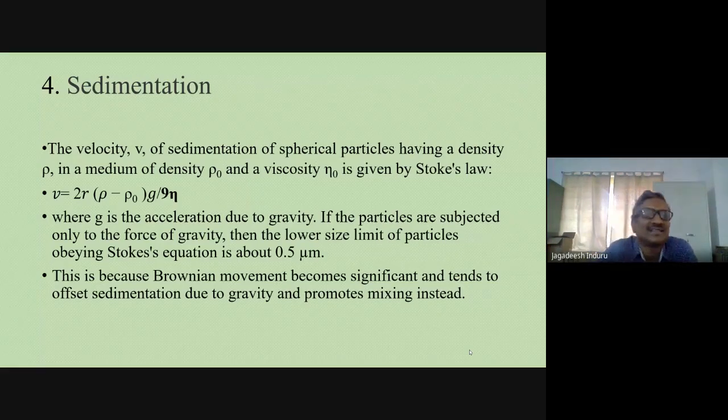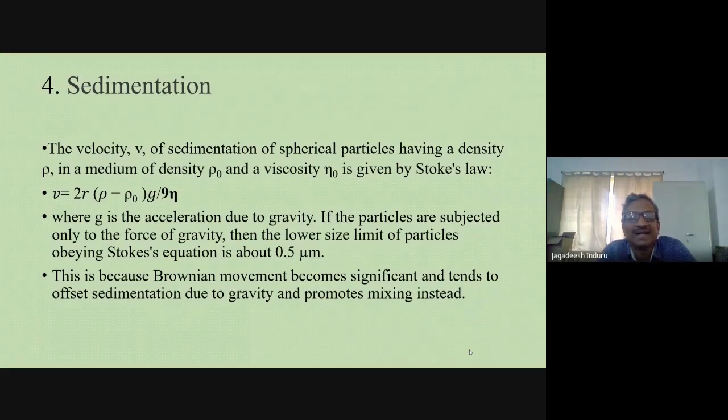So V is the velocity of the particle which is moving down, rho minus rho 0 is the colloidal particle density minus the solvent density, r is the radius of the particle, g is acceleration due to gravity, and eta is the viscosity.